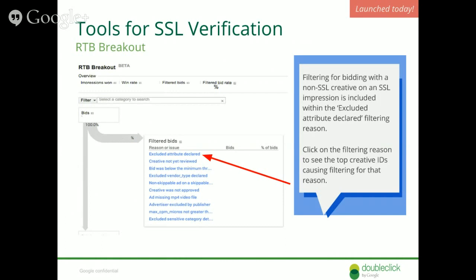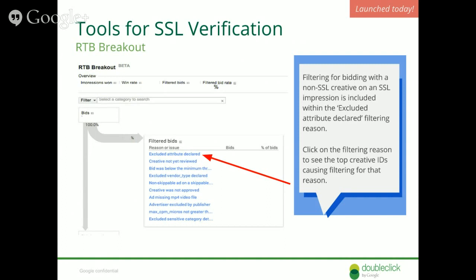Again, for R2B breakout, once you log into your AdX buyer account, you'll be able to see in the bidding tab on the left-hand side, there's a tool there called R2B breakout that you should be taken to automatically once you click on bidding.